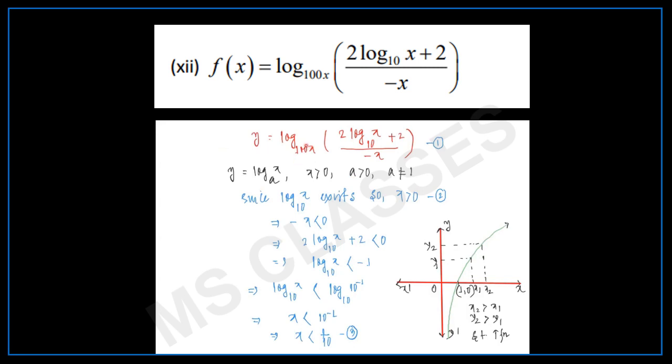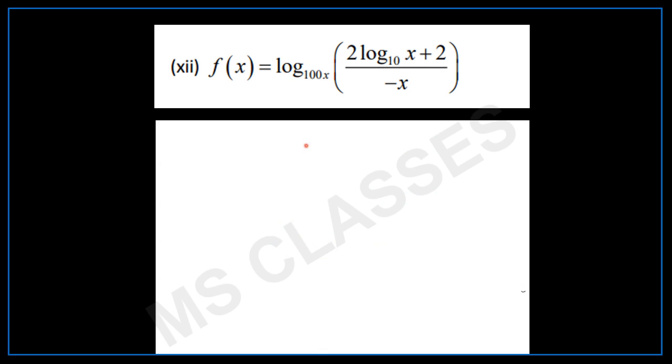So you can proceed as x greater than 0, 100x greater than 0, and 100x not equal to 1. This implies x not equal to 1 by 100. Now this is the fourth point.